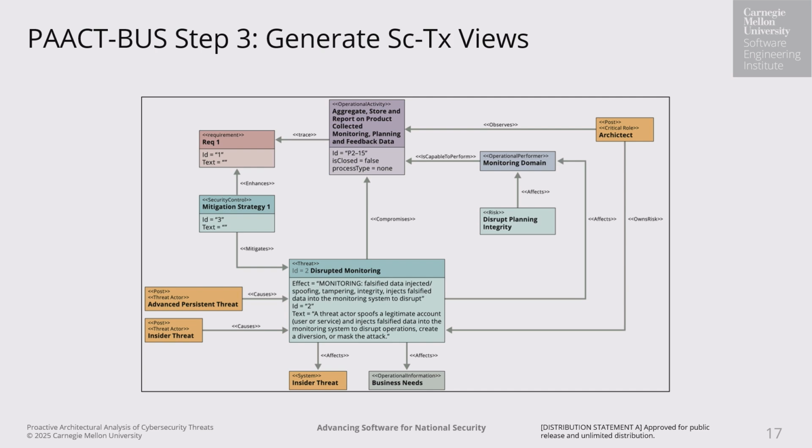So here in the text, we say a threat actor, but what we want to do is tie that to a specific threat actor model element. Over here, we have our advanced persistent threat, we have our insider threat. This helps you start to think about who has the capability to cause a particular threat scenario to manifest. Sometimes it could be just anyone off the street.